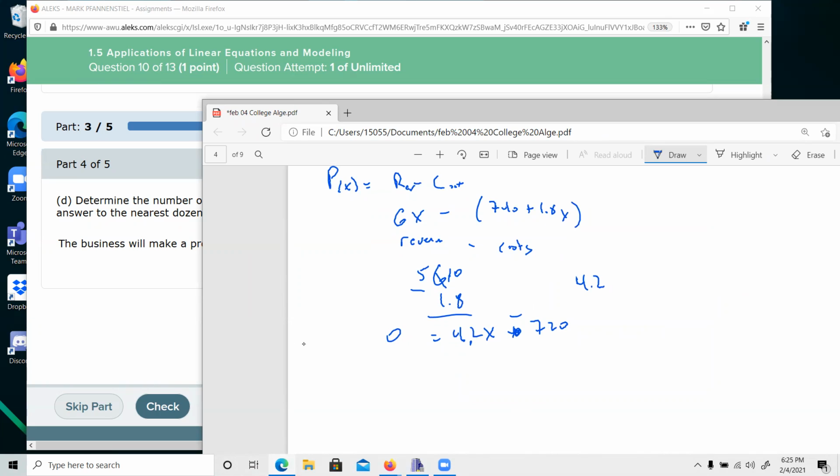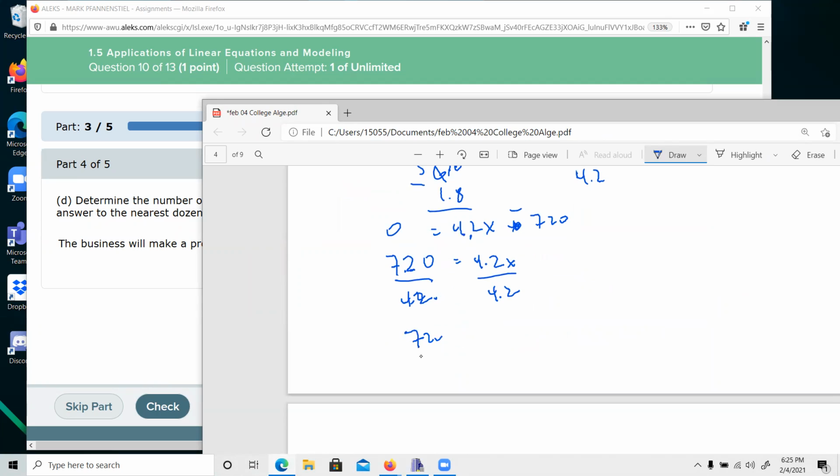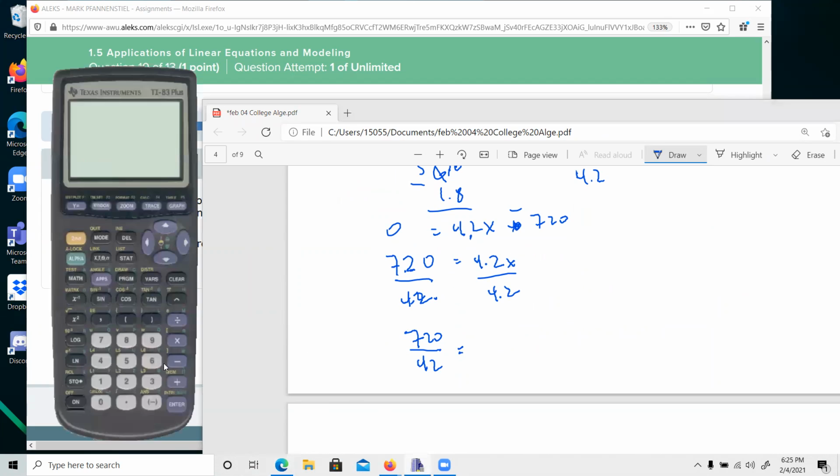Because when I swing it to the other side, it's going to be a positive or a negative. Dividing both sides by 4.2, we're getting 720 divided by 4.2, which is 171.43 and some change.